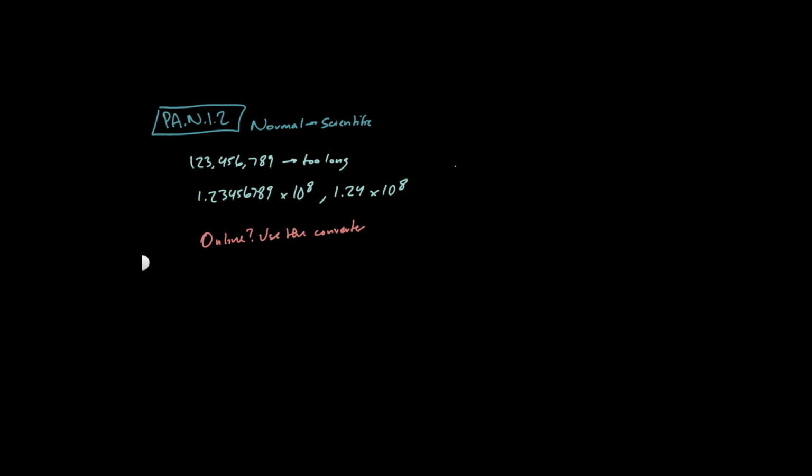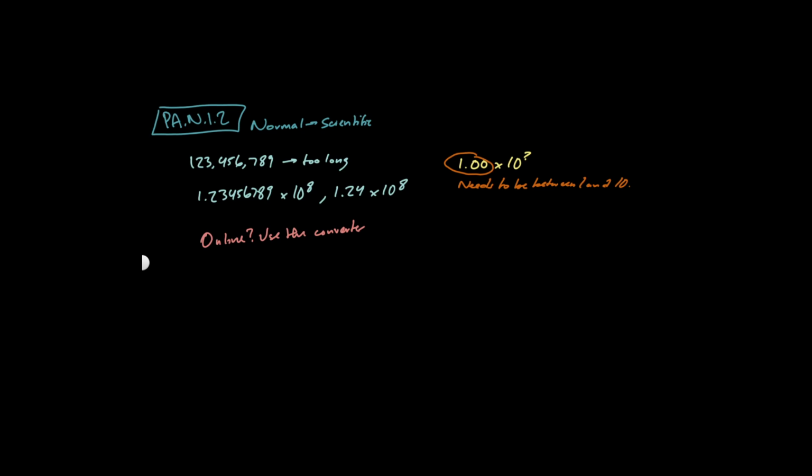Just a quick thing off to the side. When you're looking at scientific notation numbers, they all look like this. It's like some number in the front times 10 to some power. You're gonna want to look really hard at the first number, and make sure that that one is between 1 and 10. Okay, so it needs to be between 1 and 10.